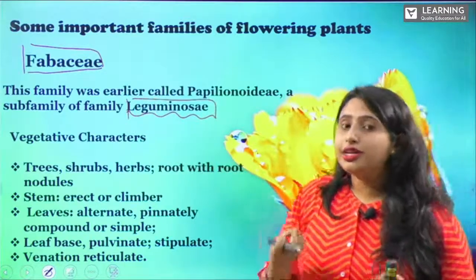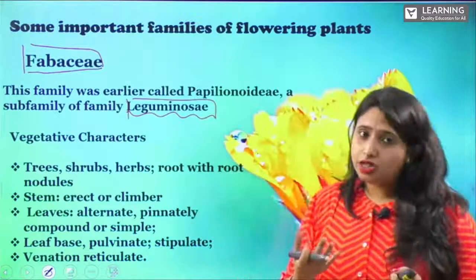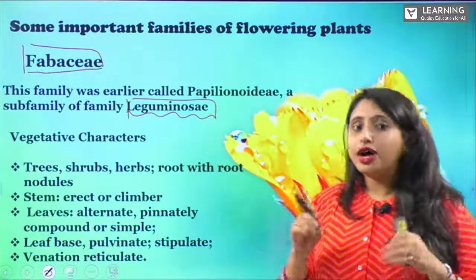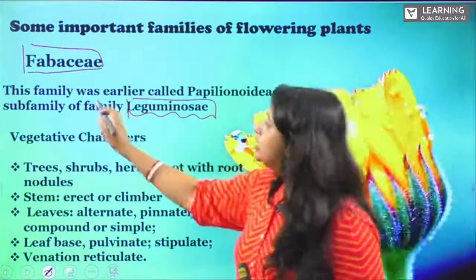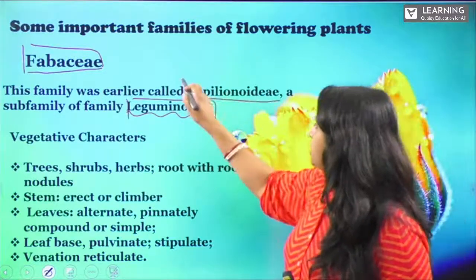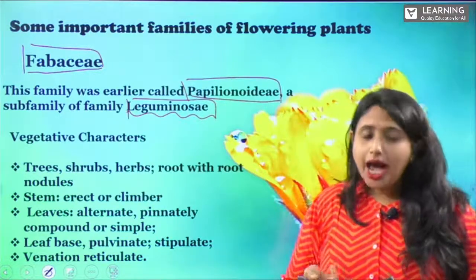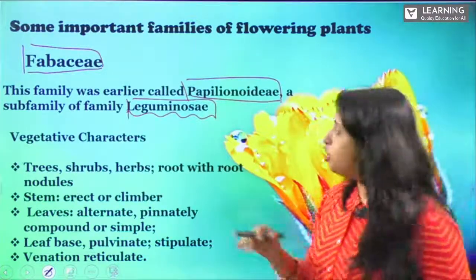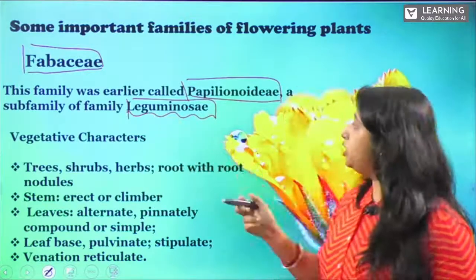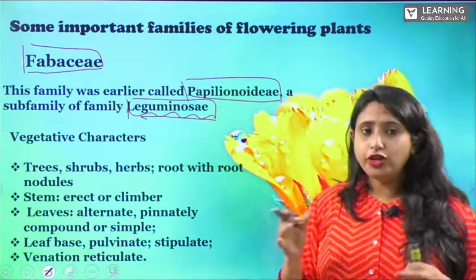Here the climbers, that is pea, watermelon, all these flowering plants will come under the Fabaceae family. This family was earlier called Papilionoidea, and it belongs to the subfamily of Leguminosae.